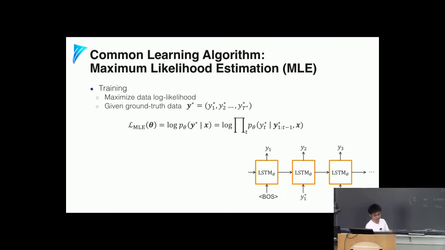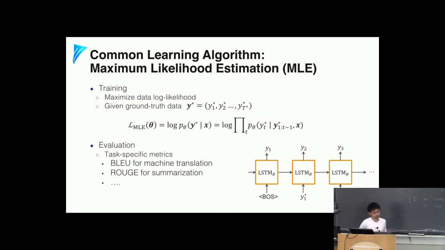Here, we maximize the probability of generating this ground truth token yt, conditioning on the previous ground truth tokens. This is how we train these models, by maximizing this log likelihood.